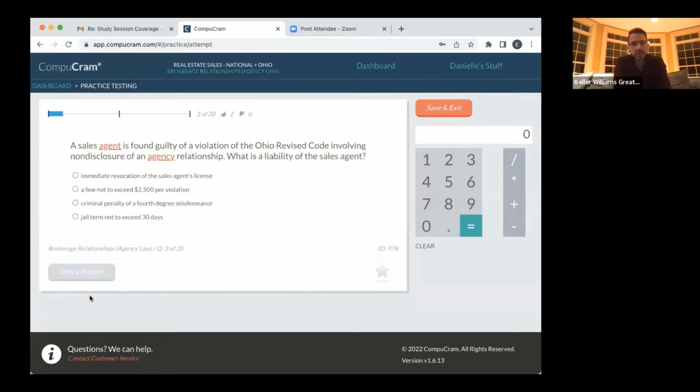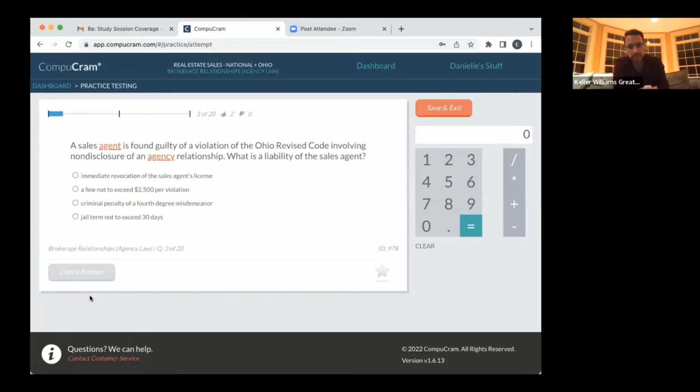Next one, a sales agent is found guilty of a violation of the Ohio Revised Code involving non-disclosure of an agency relationship. What is the liability of the sales agent? A, an immediate revocation of the sales agent's license. B, a fine not to exceed $2,500 per violation.